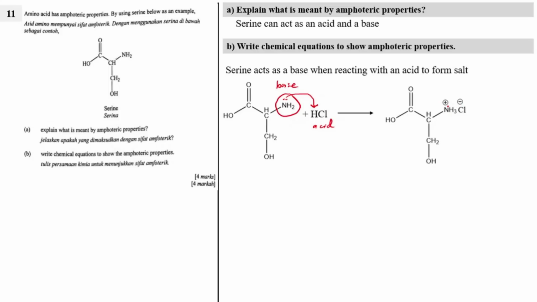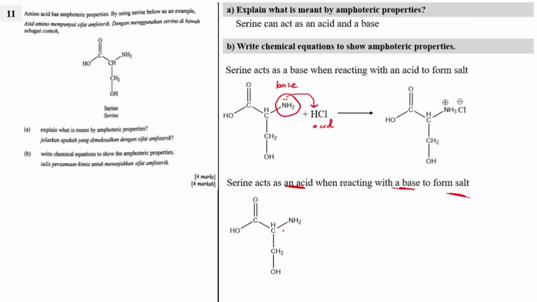And then, in order to show the amphoteric properties, serine can also act as an acid when reacting with a base in order to form salt. So serine now will be acting as an acid. So this part here is the acidic part, and NaOH is a base.